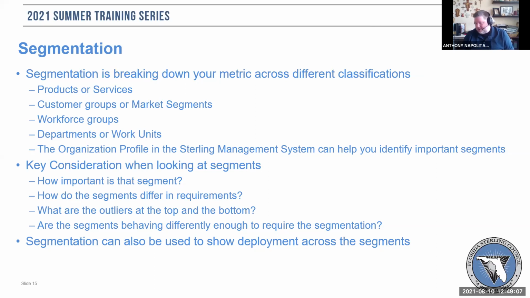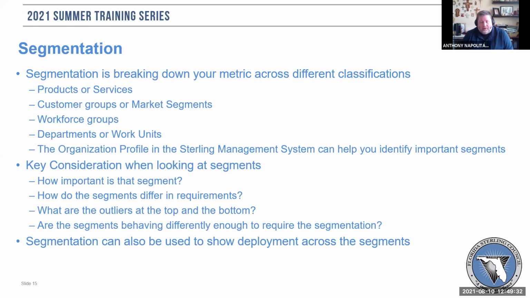When they ask about your sites and your assets, that helps break down the different places you could be. When you look at segments, one consideration is how important is that segment? It might not be an important segment. It might be somebody that you're not targeting, whether you have their business or not. It just might not be strategically important.